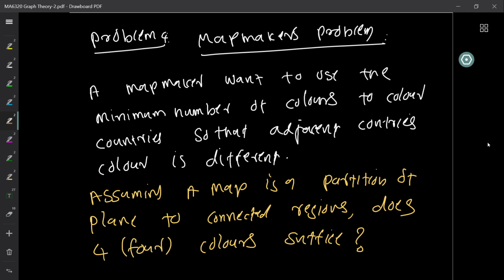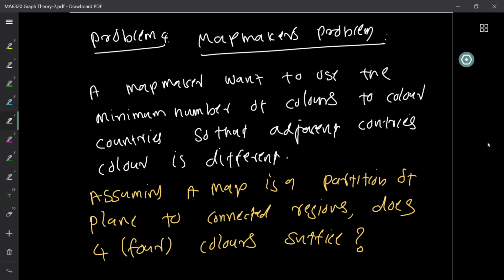Now, assume that a map is basically a partition of the plane into connected regions. The connected region is important, because if a country has several disconnected parts, then the conclusion doesn't hold. But in most cases it will not be like that. So assuming that we partition the plane into connected regions, four colors suffice.